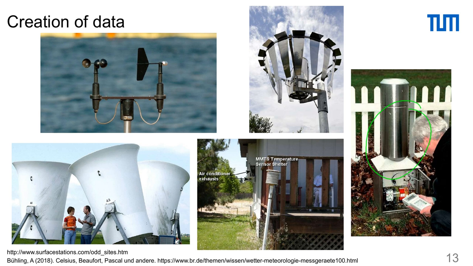The device in the bottom right corner is an ombrometer measuring rainfall. Inside it, there is a standardized bowl that fills with rain until a certain weight is reached.